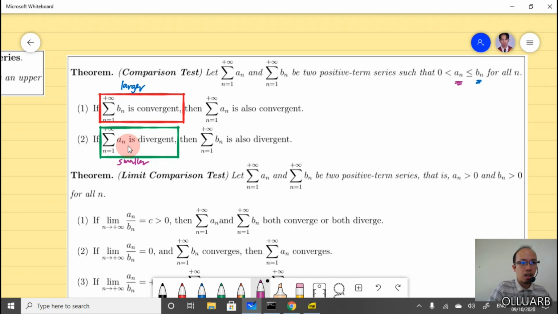So that's how you are going to use the comparison test, or direct comparison test.